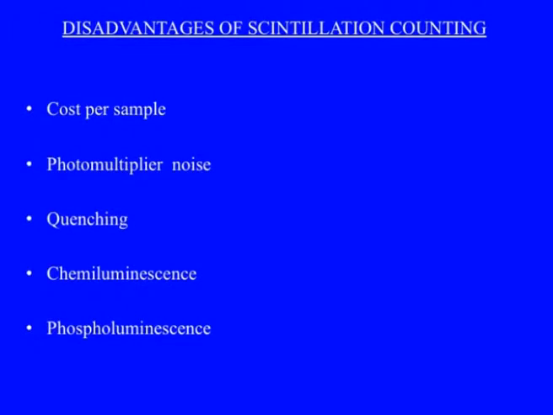There are other things like chemiluminescence. Chemiluminescence results from chemical reactions between components of the sample to be counted and the scintillation cocktail, and produces light emission unrelated to excitation of the solvent and fluor system by radioactivity.